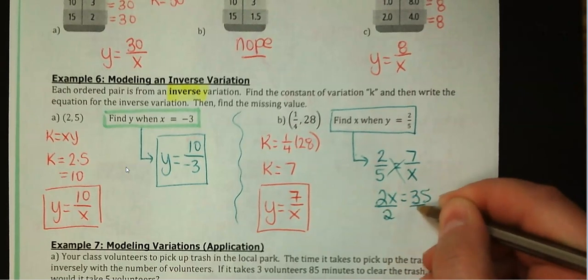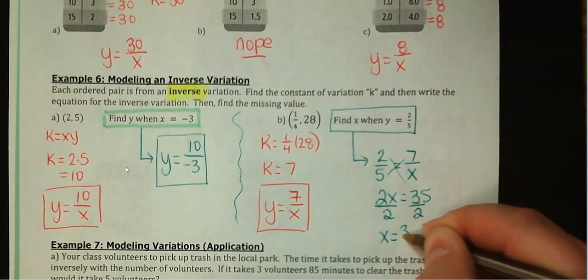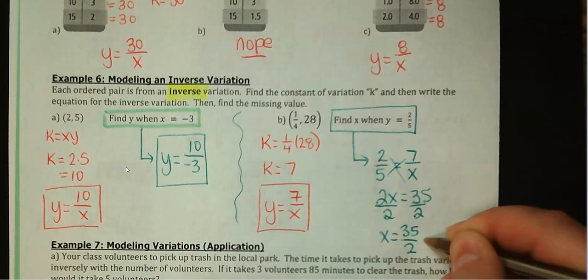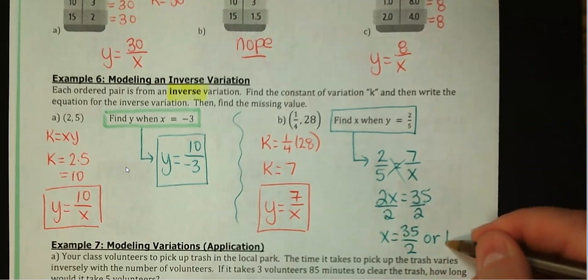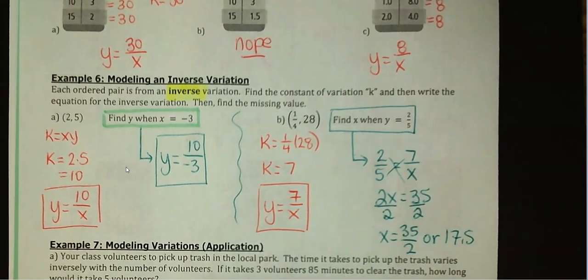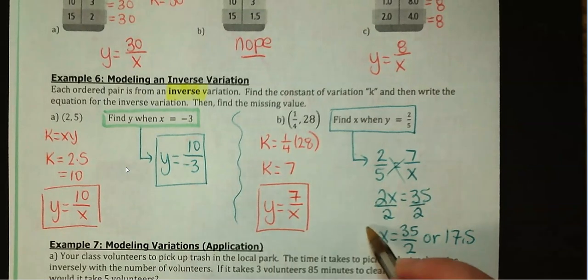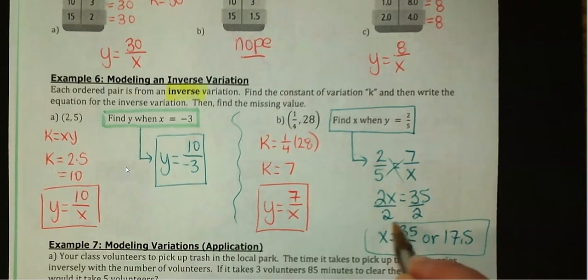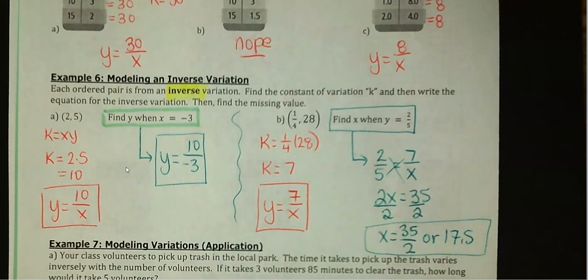Divide by 2. And if you want to just go ahead and leave that, 35 over 2 does not reduce. If you want to write that as a decimal, it's 17.5. Is anybody having a question? These are not terrible if you can remember these couple little formulas for the direct and the inverse.